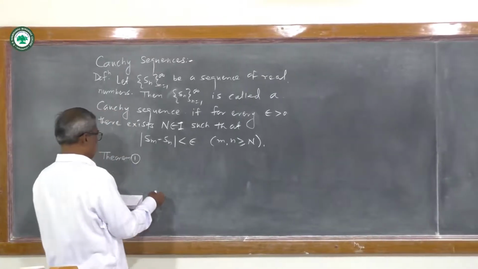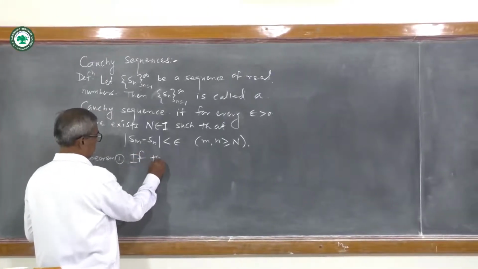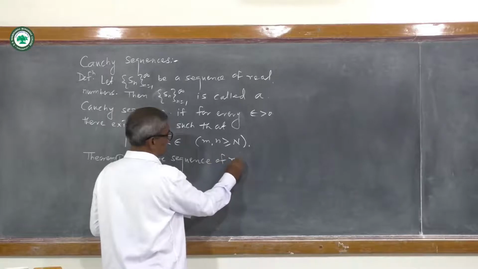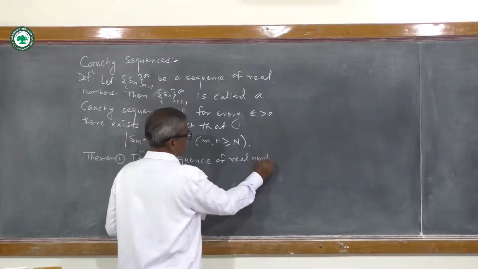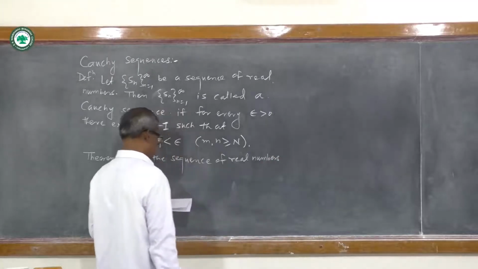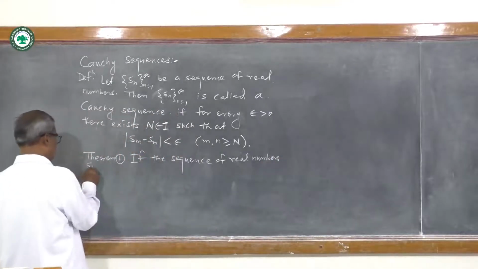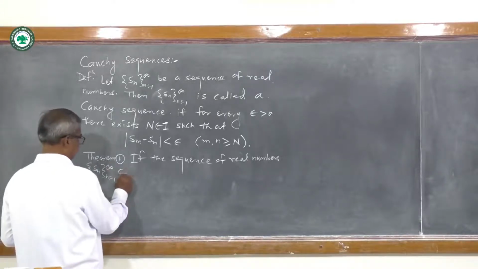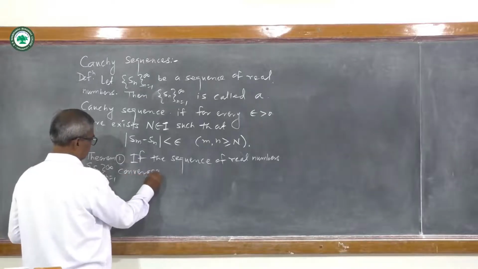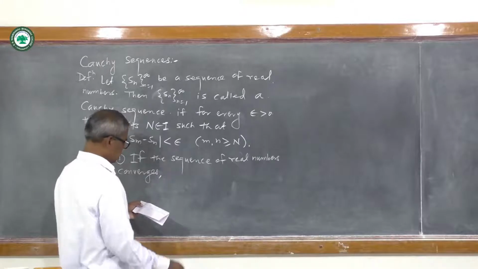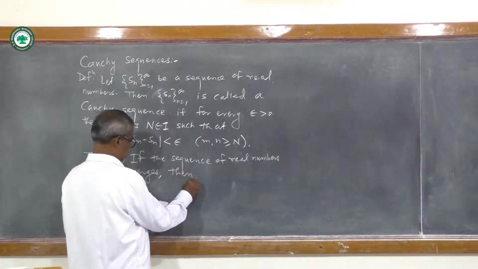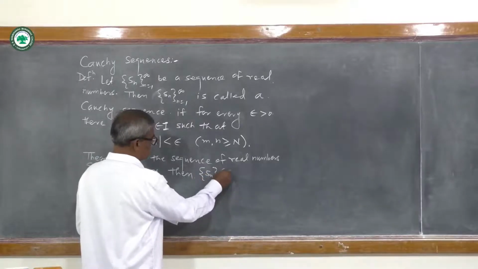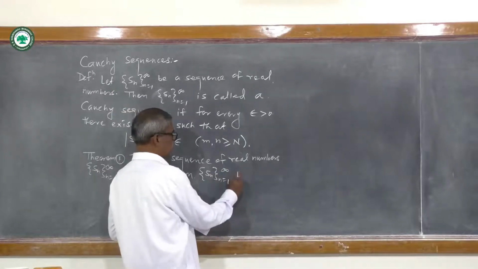If the sequence of real numbers S_n, n equal to 1 to infinity converges, then the sequence S suffix n, n equal to 1 to infinity is a Cauchy's sequence.